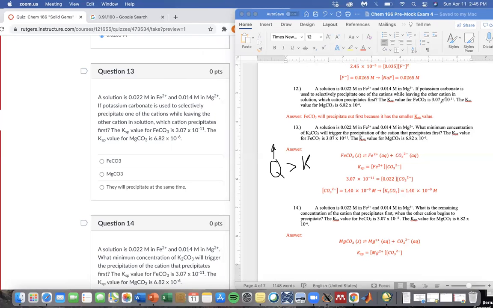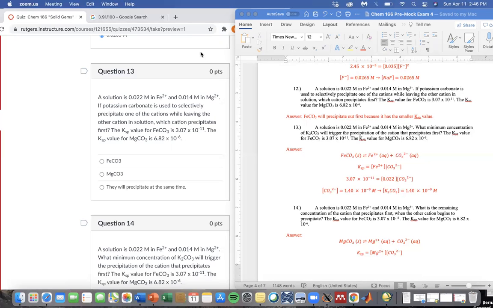If that K value is smaller, it's going to be easier to get the Q value above the K pretty quickly. Does that make sense? Are there any questions about why FeCO3 would precipitate out first because it has a smaller KSP? Or is it confusing? That makes sense. Okay.